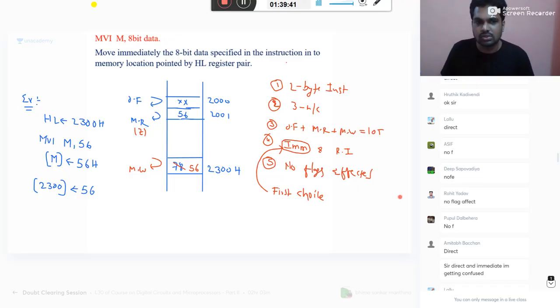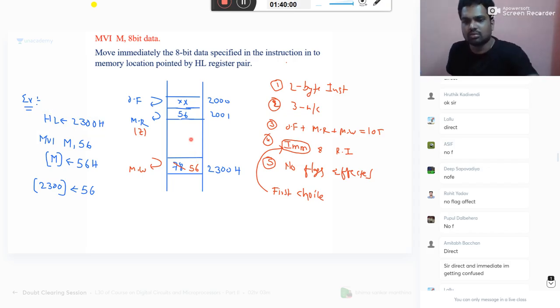Now see, this is the 16-bit address. In this address, data will be changed. Data is 8 bits only. 8-bit data is copied into the 16-bit address. The 8-bit is the data pointed to by HL.